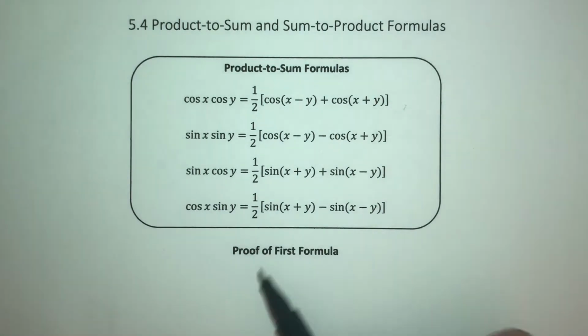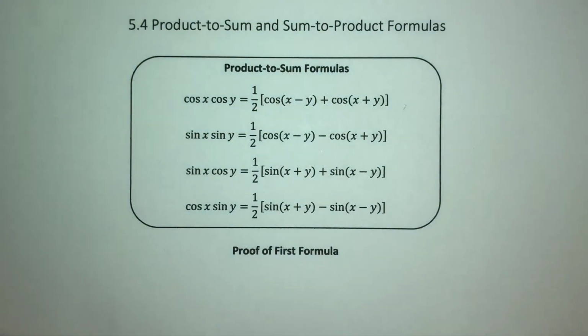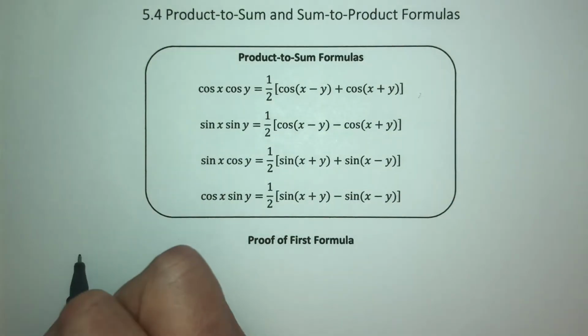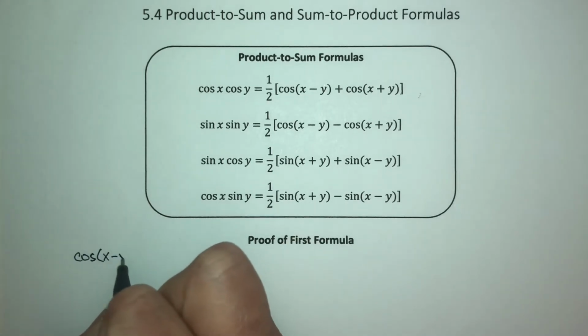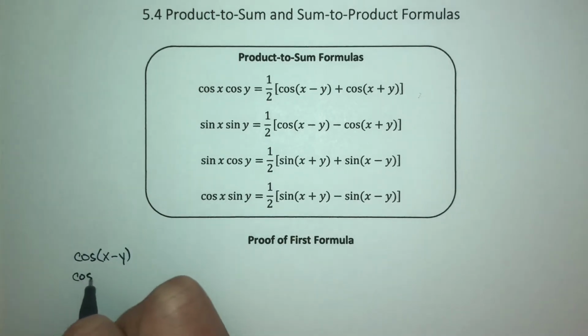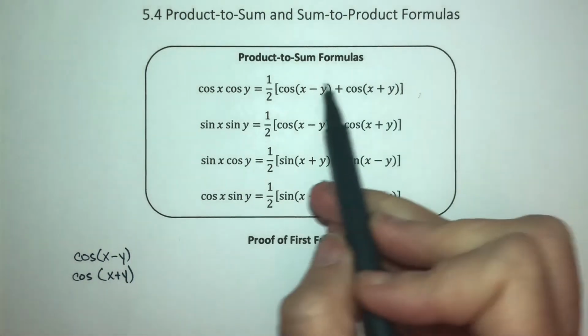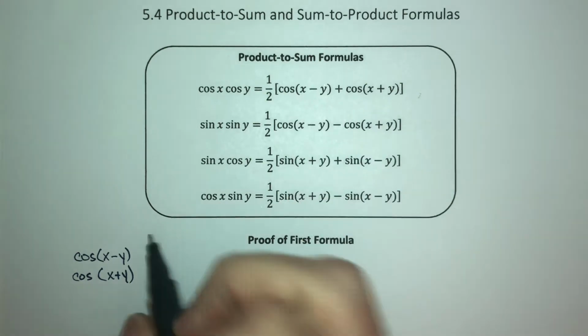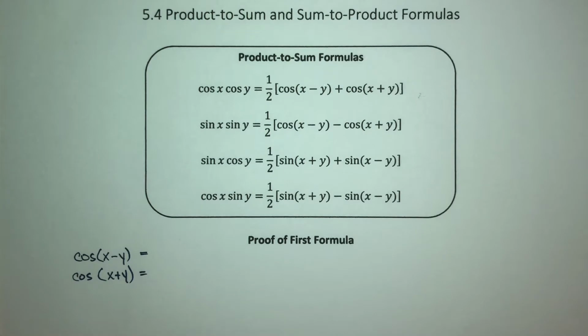What I'm going to do is show you the proof of the first formula, and then the other three are developed in a very similar way. I'm going to start off by writing cosine of x minus y and cosine of x plus y, and I'm going to write these using the sum and difference formulas.